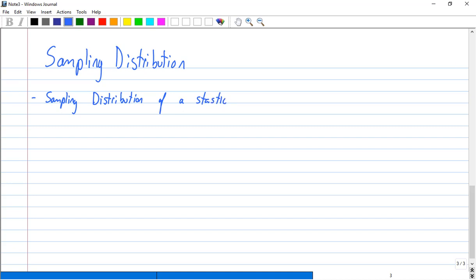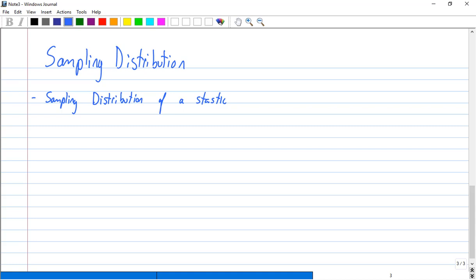All right, so whenever I say the sampling distribution of a statistic, I'm talking about like a sample mean or a sample proportion or maybe a sample standard deviation.